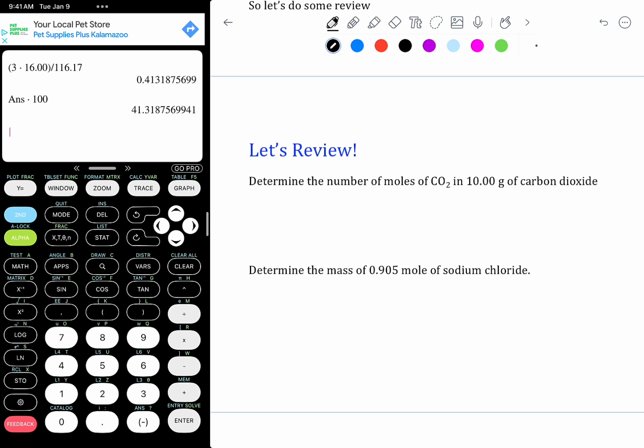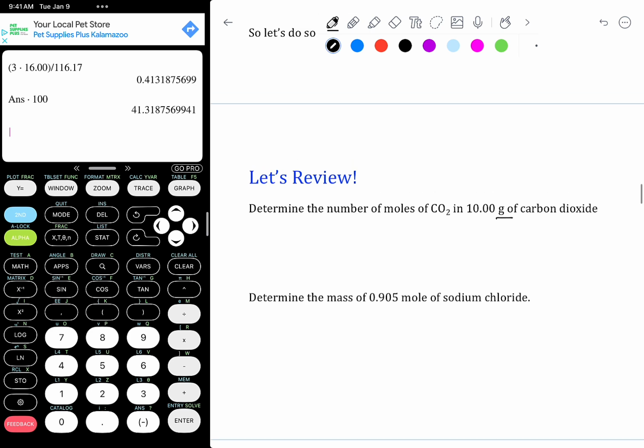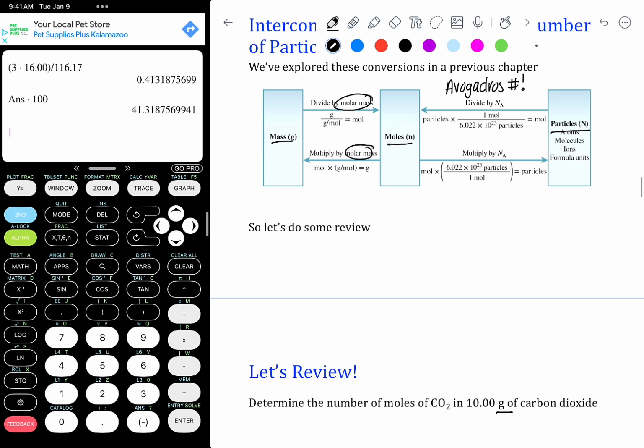So let's determine the number of moles of CO2 in 10 grams of carbon dioxide. If we're starting with a mass of carbon dioxide, and I want to go to moles, I'm going to follow my arrow into moles.